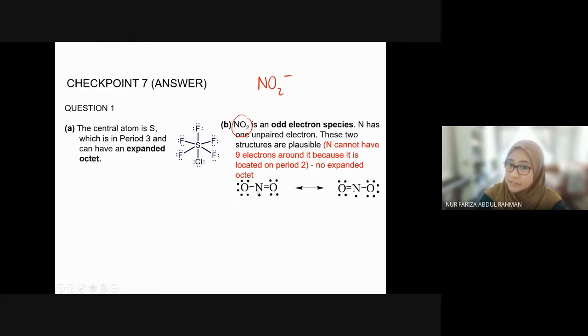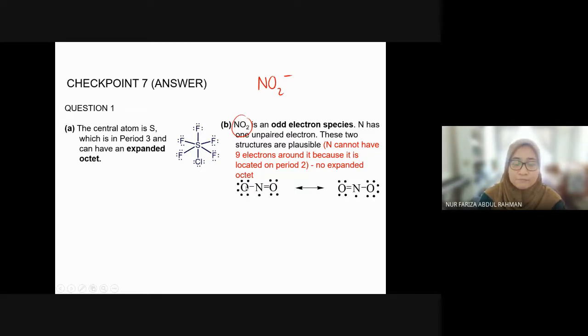Okay, nitrogen cannot be expanded, guys. Boleh beritahu tak kenapa dia tak boleh expand nitrogen? Can someone please explain why nitrogen cannot be expanded? Katakanlah nak form double bond, form triple bond dengan oxygen, still dia tak follow octet. Dia still tak follow octet because of this unpaired electron.